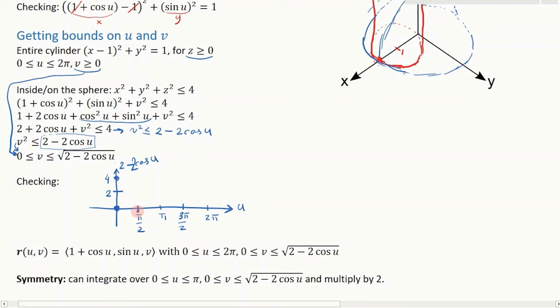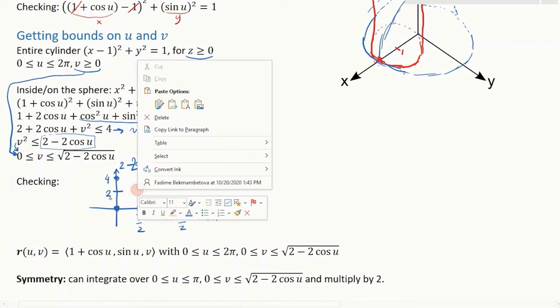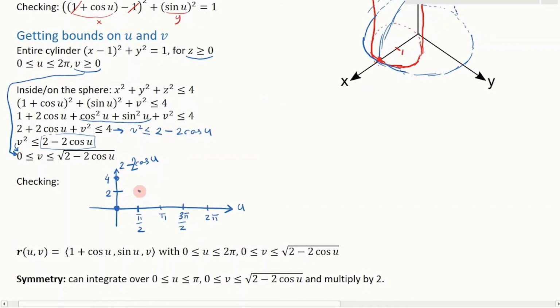At pi over 2, cosine is 0, so we get 2. At pi, we have negative 1, so we get 4. So here's our shape.